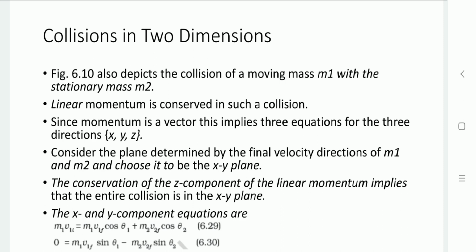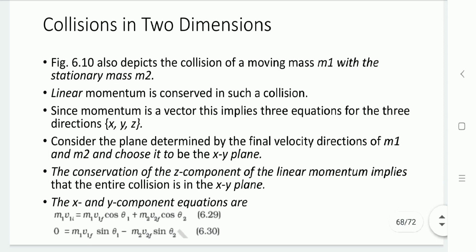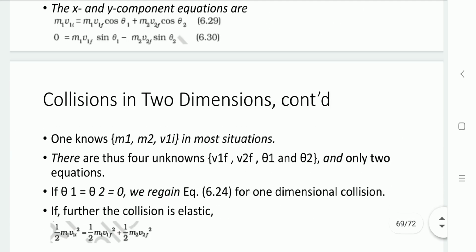So conservation of the z component of linear momentum implies that the entire collision is in the xy plane. In the x and y components of that equation we have m1 v1i equal to m1 v1f cos theta 1 plus m2 v2f cos theta 2, and another equation, 0 equal to m1 v1f sin theta 1 minus m2 v2f sin theta 2, which we can obtain from that earlier diagram.